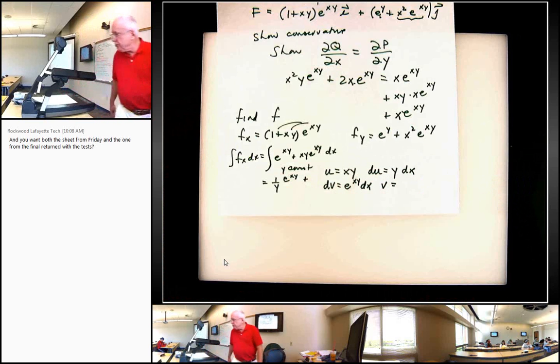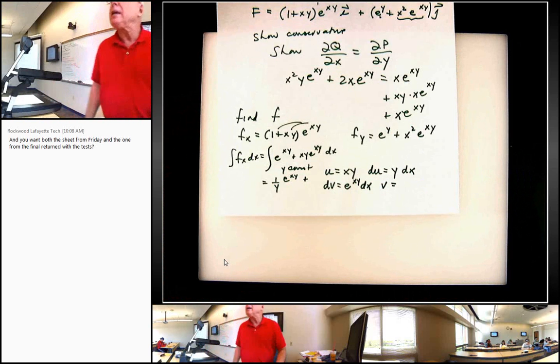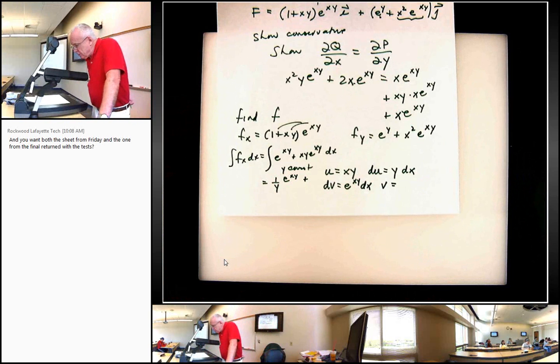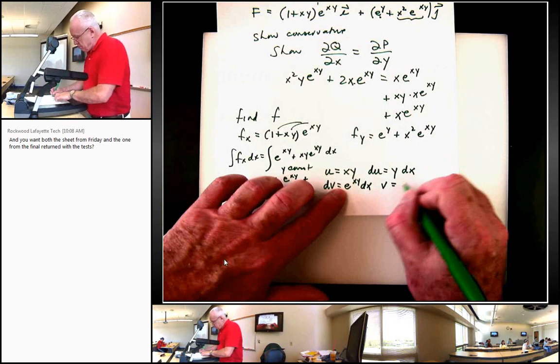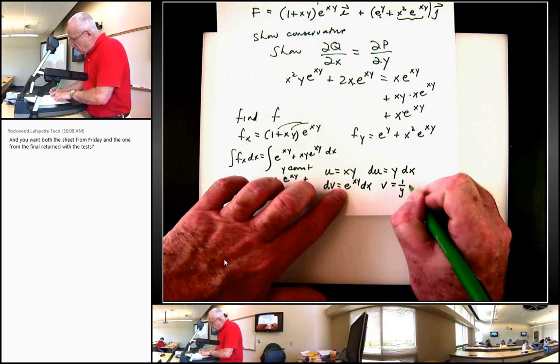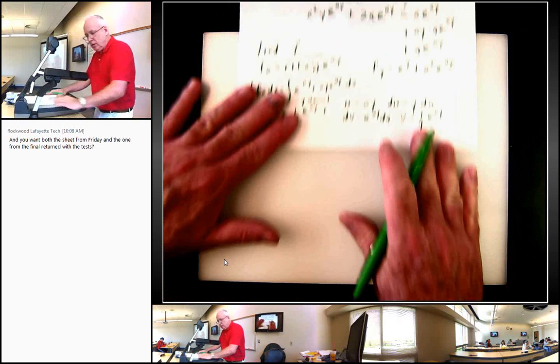So now we do the antiderivative with respect to x. And what do I get with that one then? Yeah, again, 1 over y, e to the xy.